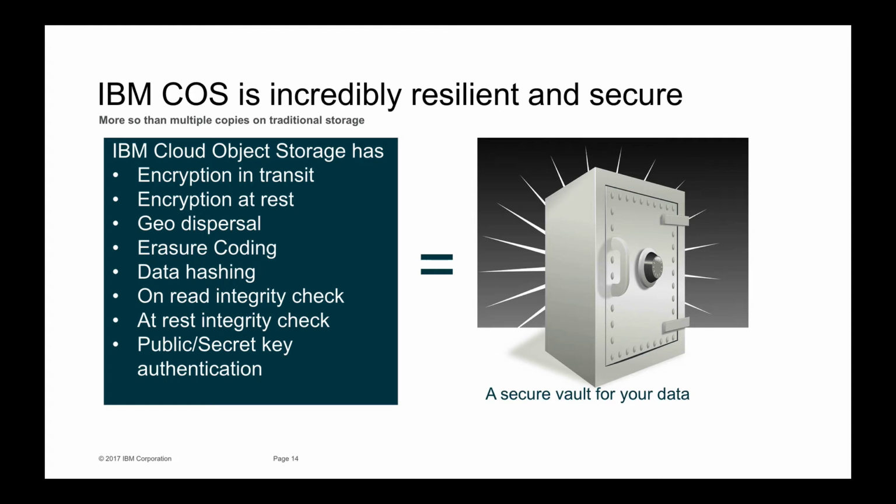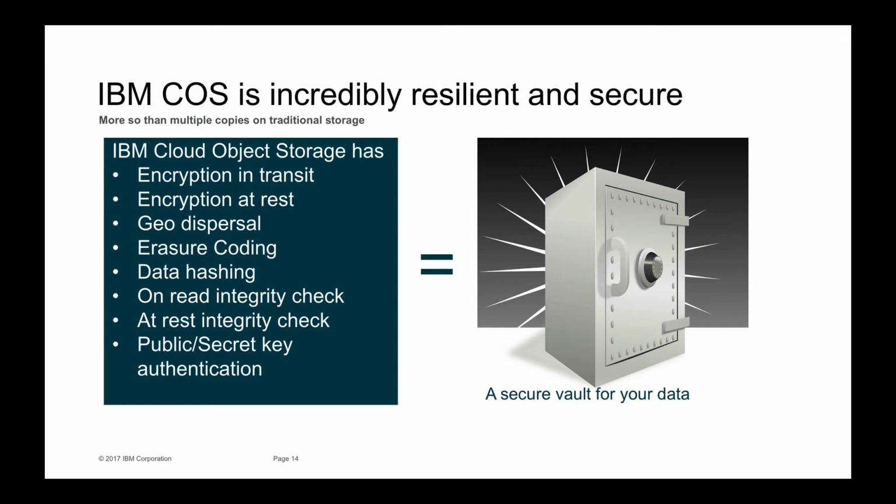IBM Cloud Object Storage is incredibly secure. It's used by a number of government agencies, financial providers, and a number of very security conscious organizations. And the reason for that is the data is encrypted in transit by default. The data is then encrypted at rest by default. No extra charge for that, by the way.